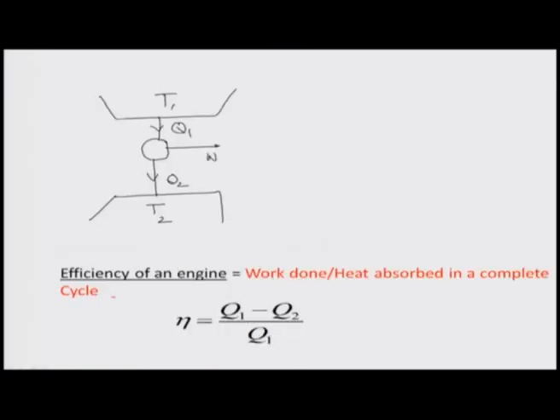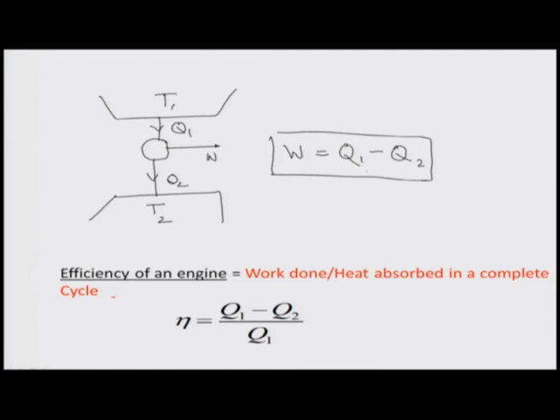So, heat absorbed in one closed cycle is Q1, heat released to T2 in a closed cycle is Q2, and work done is Q1 minus Q2. So I am extracting some work from the engine, and this is the work done over one complete cycle.